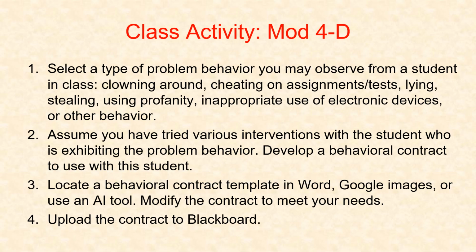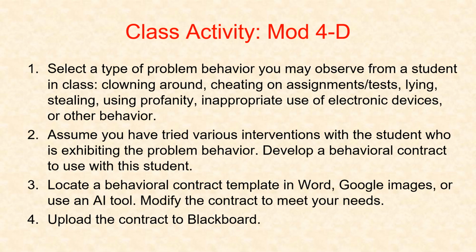Maybe things like a student clowning around or cheating or lying or stealing or using profanity or inappropriately using electronic devices or some other behavior. Assume you've tried various interventions and the student just keeps on exhibiting this behavior. And let's develop a behavioral contract to use with this student.